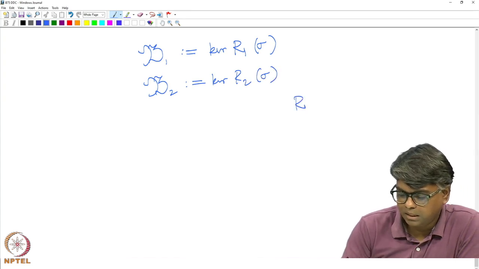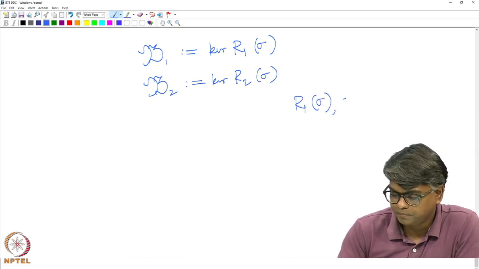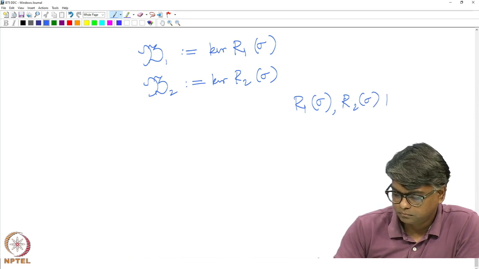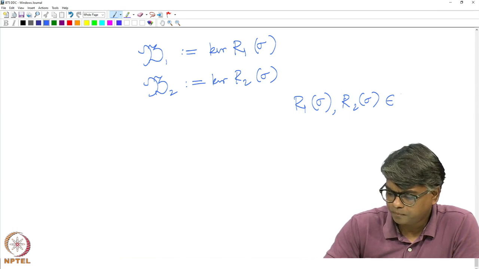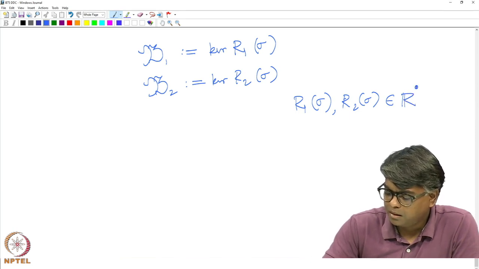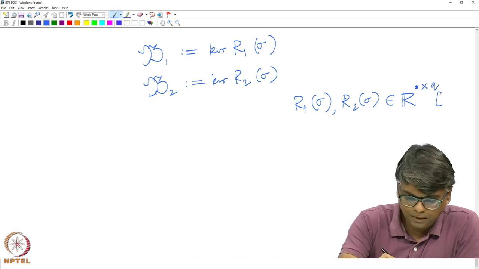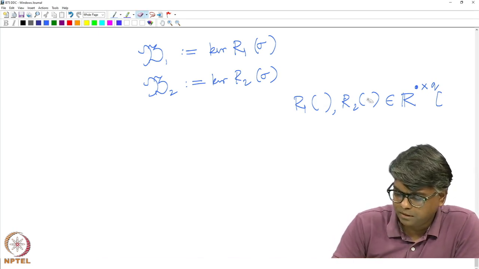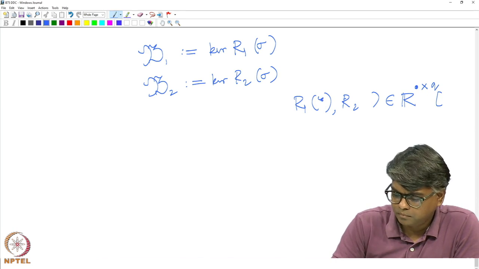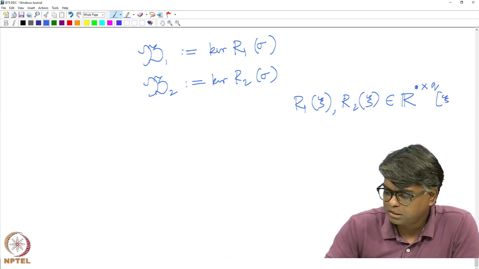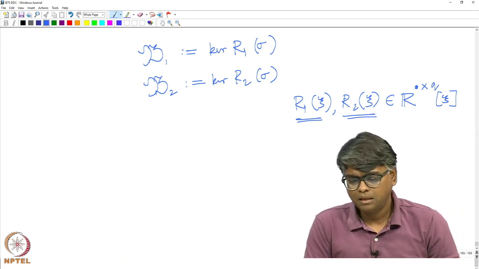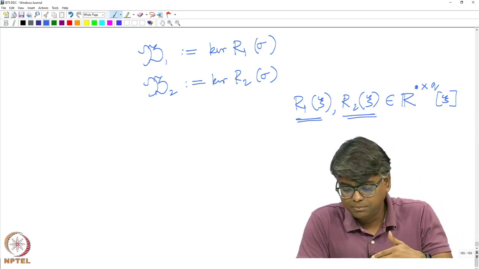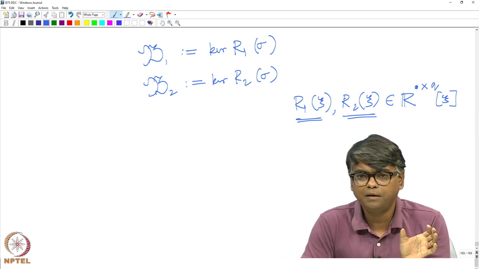Notice that R1 and R2 both are polynomial matrices, and importantly they must have the same number of columns but possibly different number of rows. Why? Because the number of rows tells us how many equations we have, and the number of columns tells us the number of manifest variables here.